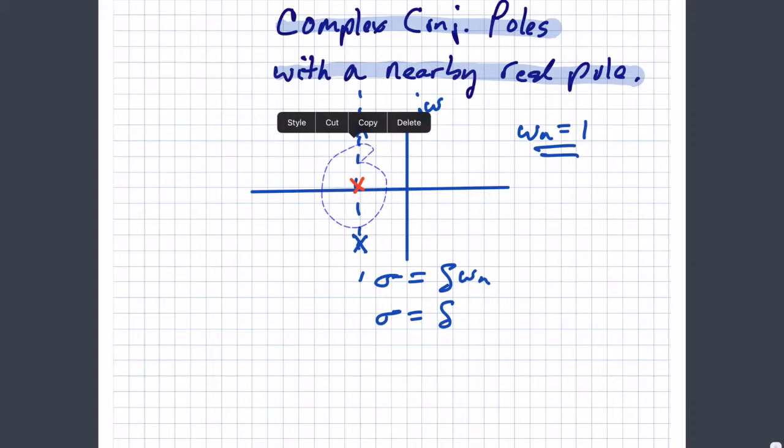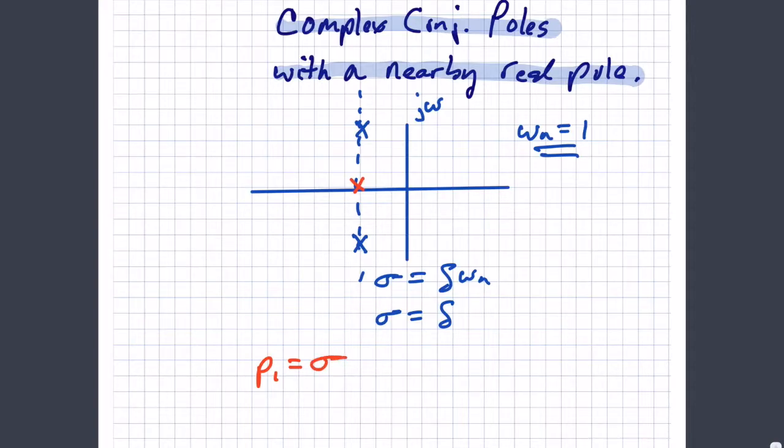The first place you might think of adding it is right here, at a location where the extra real pole is at sigma. If we did that, we could calculate the step response and see what happens. We then might also be interested in seeing what happens when we move this pole location.